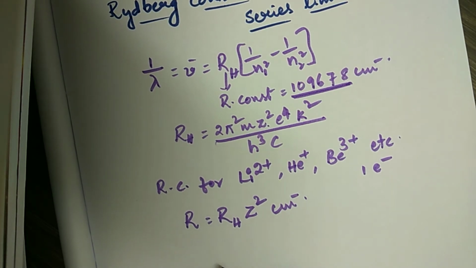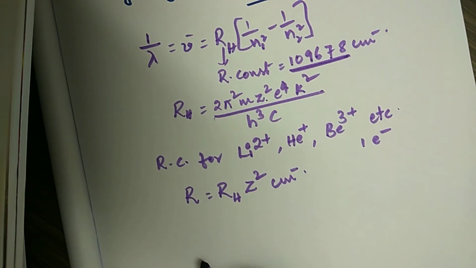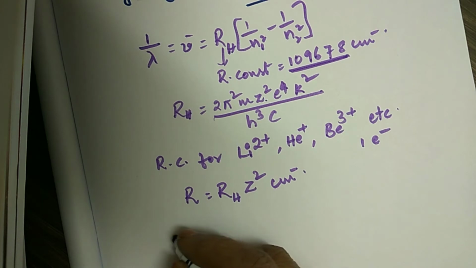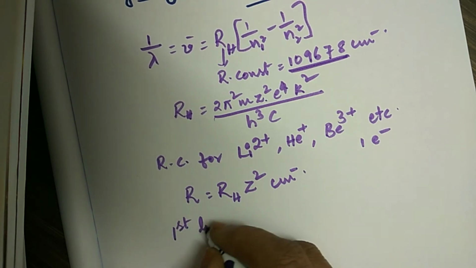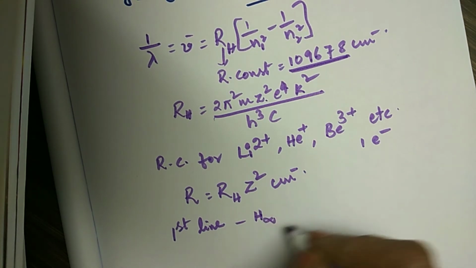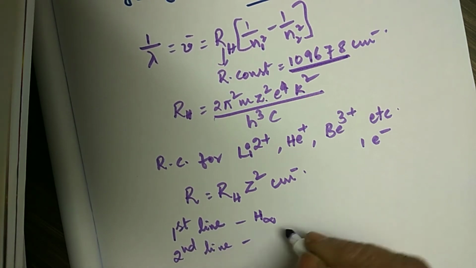Now, we have seen different types of lines in the hydrogen spectrum like Lyman series, Balmer series, Paschen, Brackett, Pfund series. Depending on the electronic transition, different types of lines are produced in the hydrogen spectrum. In this, the first line in any series is known as the H alpha line, and the second line is known as the beta line.